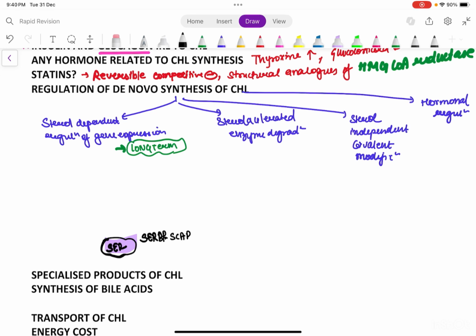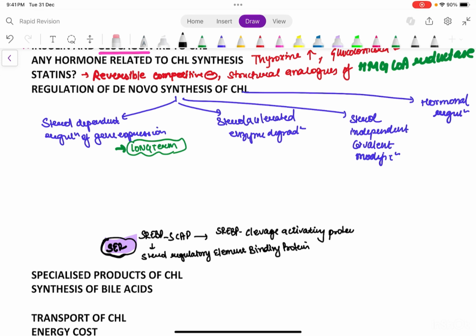SREBP is sterol regulatory element binding protein, and SCAP is SREBP cleavage activating protein. Just remember the short forms, that much is enough.